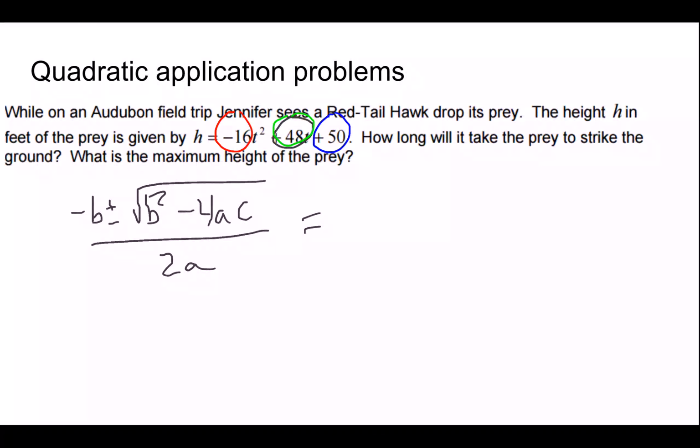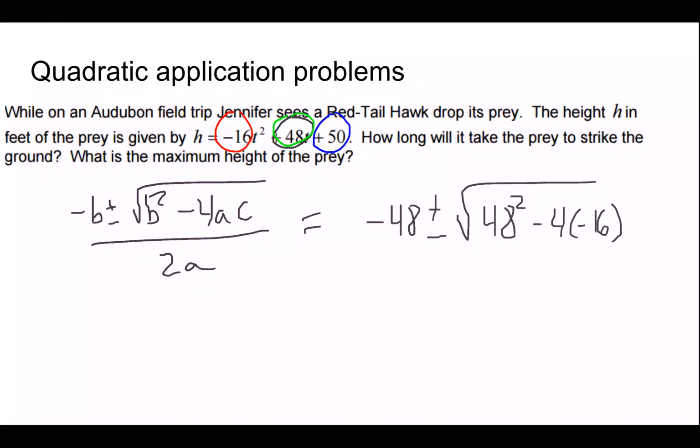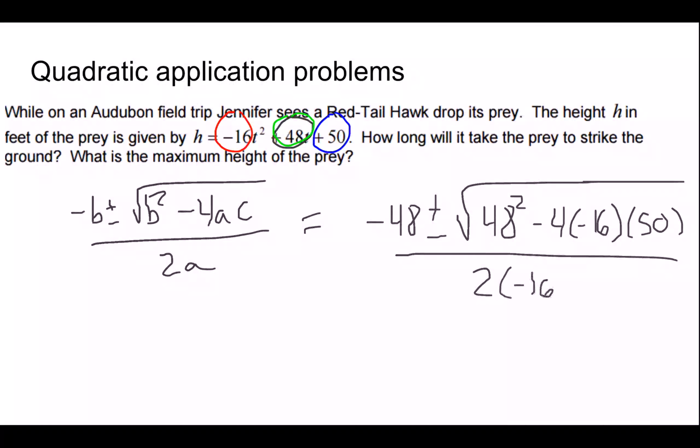So I'll have negative 48 plus or minus the square root of 48 squared minus 4 times negative 16 times 50, all over 2 times negative 16.